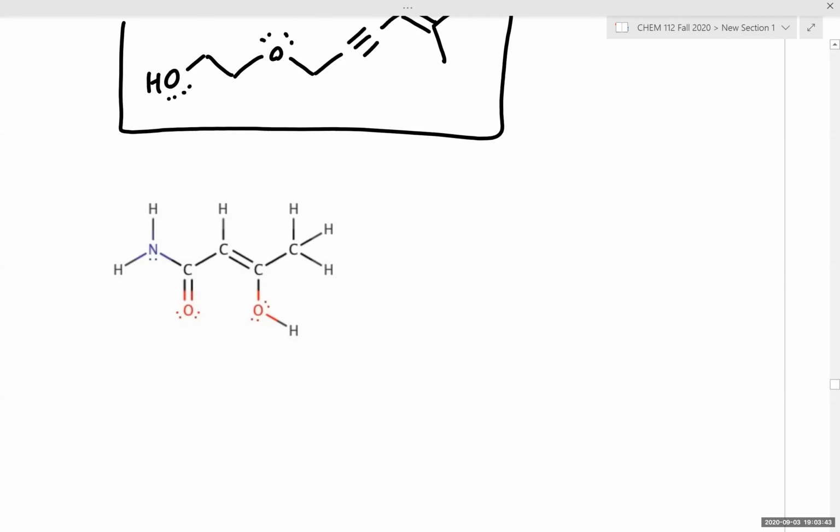And remember, for heteroatoms, you need to write the lone pairs and explicitly note the hydrogens. Don't be shy to share your responses using the annotate feature, and we'll discuss this example in about 2 to 3 minutes.